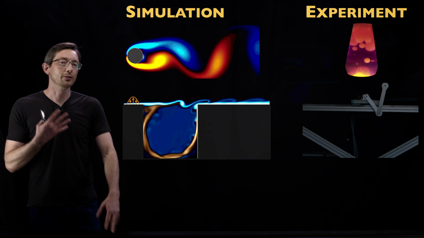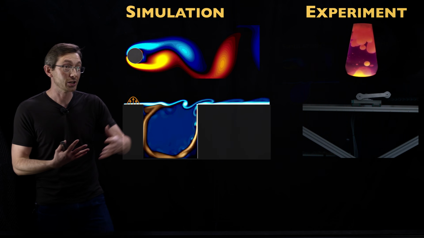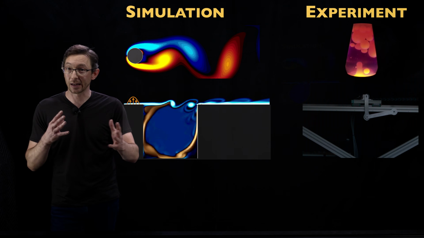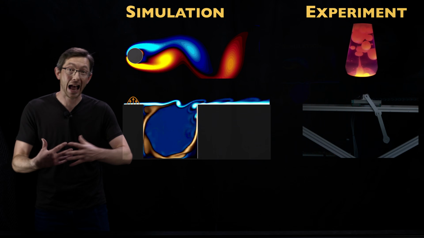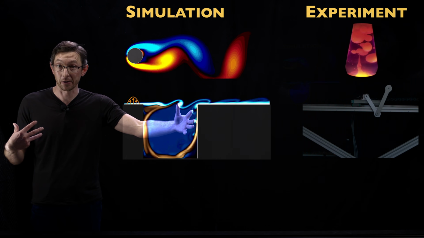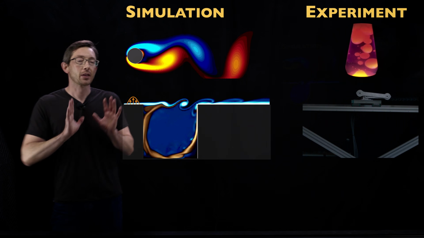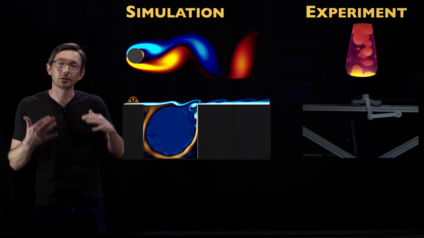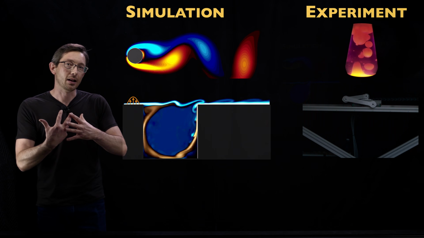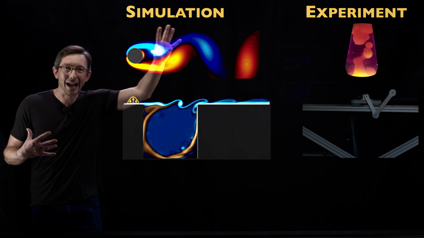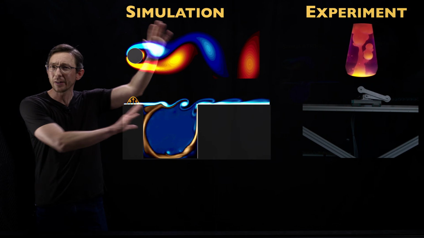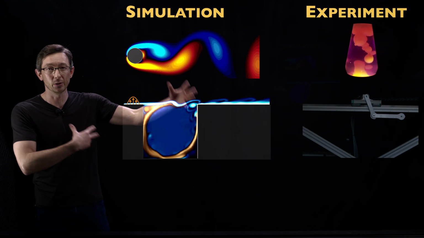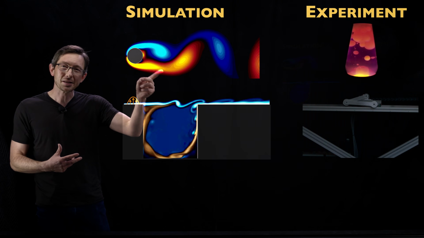And of course, is your data coming from a simulation or an experiment dramatically changes aspects of your data and how that can be used in a machine learning model. So for example, oftentimes in simulations, I have a lot more spatial information. I have high resolution spatial fields that are very hard to get in experiments. It's hard to get an experiment that gives you the full fluid flow field. But these are pretty expensive.